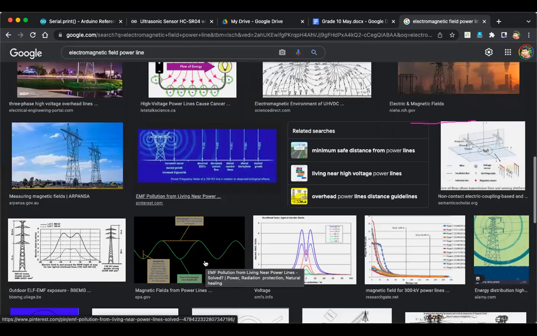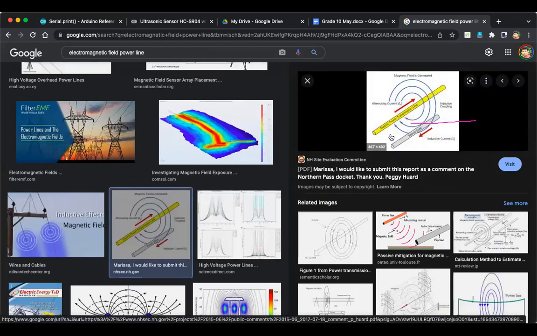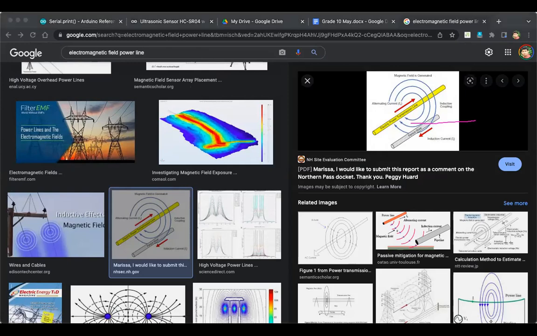That is actually slowing down the electrons. This electromagnetic field itself, here you can see, when power is going, there is an electromagnetic field circulating there. So what are you doing using this twisted pair?